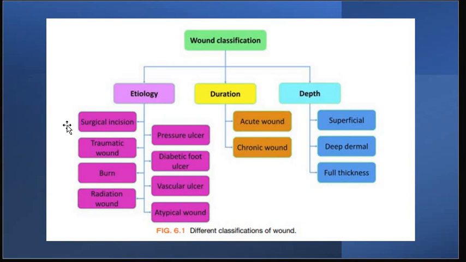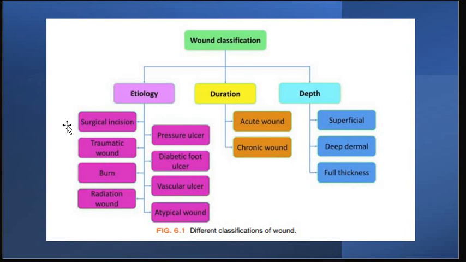And atypical wounds like pyogenic granuloma and SLE wounds, we label as atypical wound, where there is no proper shape of the wound, and then we label the disease under the wound category due to which this atypical wound is formed. According to duration, if the wound is healed within 6 weeks, then we label it as an acute wound.